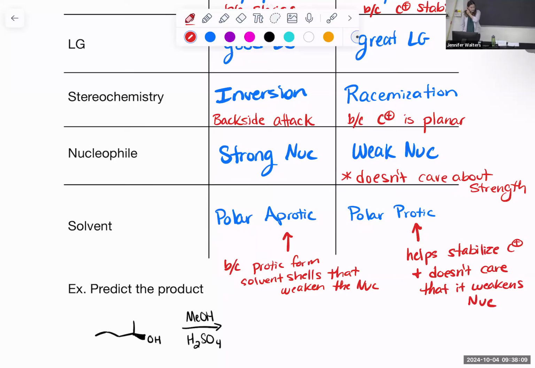So for SN1, having that protic solvent does help stabilize our carbocation, and SN1 does not care about the strength of the nucleophile. So it doesn't care that your protic solvent is forming the solvent shell, weakening your nucleophile.